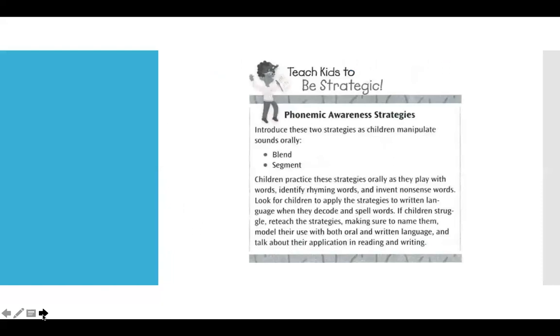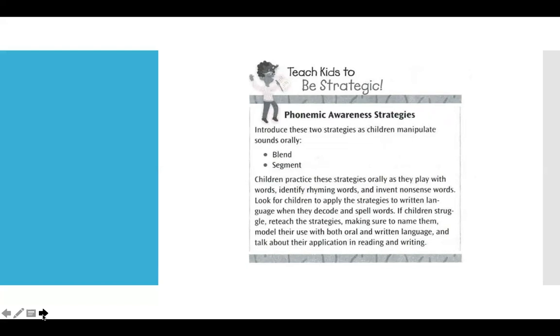Phonemic awareness instruction should meet 3 criteria. Activities need to be developmentally appropriate. Activities involving songs, nursery rhymes, riddles, and wordplay books are good choices because they encourage children's playful experimentation with oral language. Phonemic awareness instruction should be planned and purposeful, not incidental.